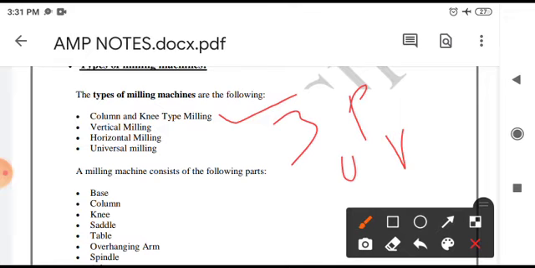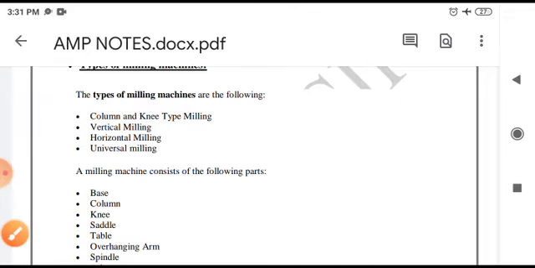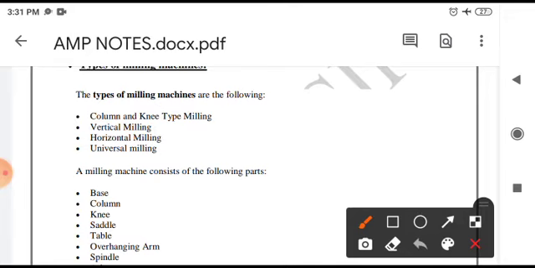Next is the manufacturing type milling machine. These types are not given over here, but in the book they are all covered. It includes simplex, duplex, and triplex milling machines. The third type is the planer milling machine.